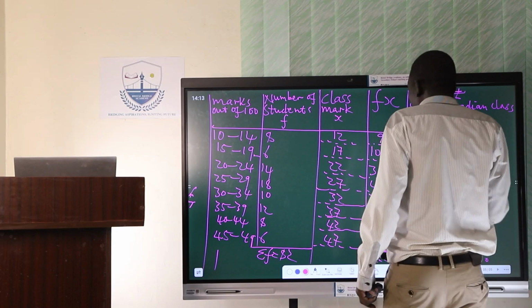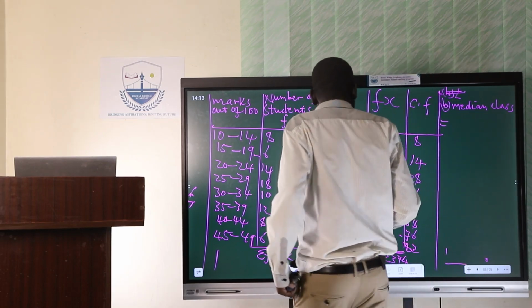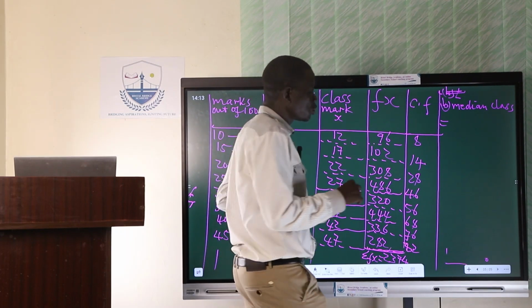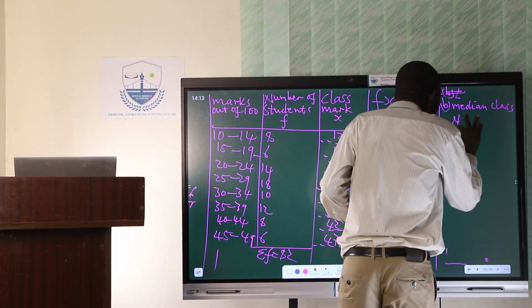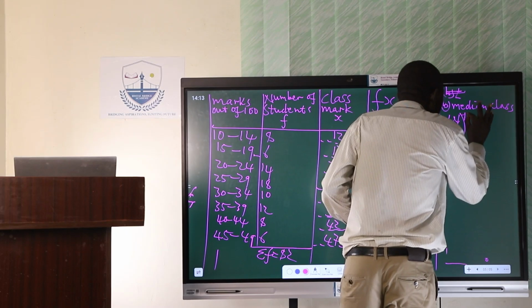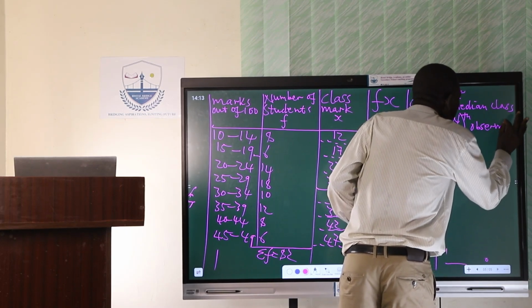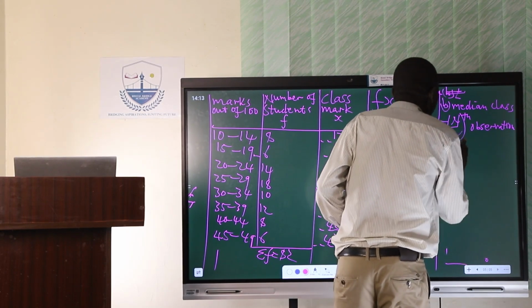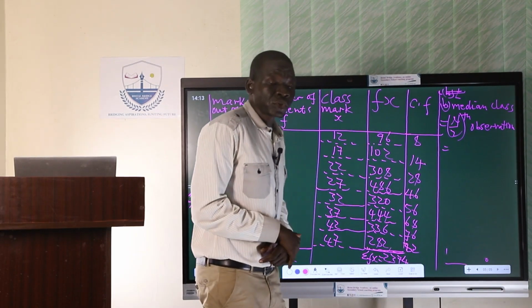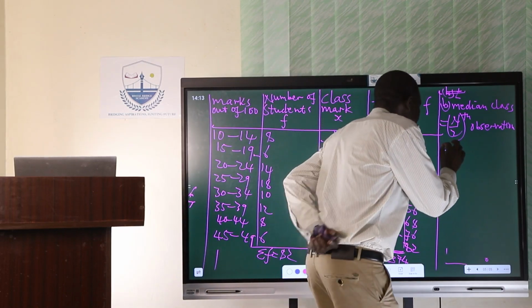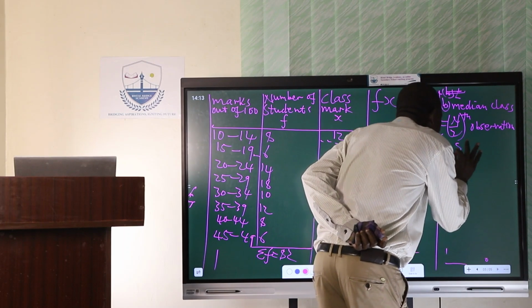The median class is obtained by the formula summation f over 2 observation, or n over 2 observation, where n stands for the total frequency. So our n is the total frequency, which is 82.